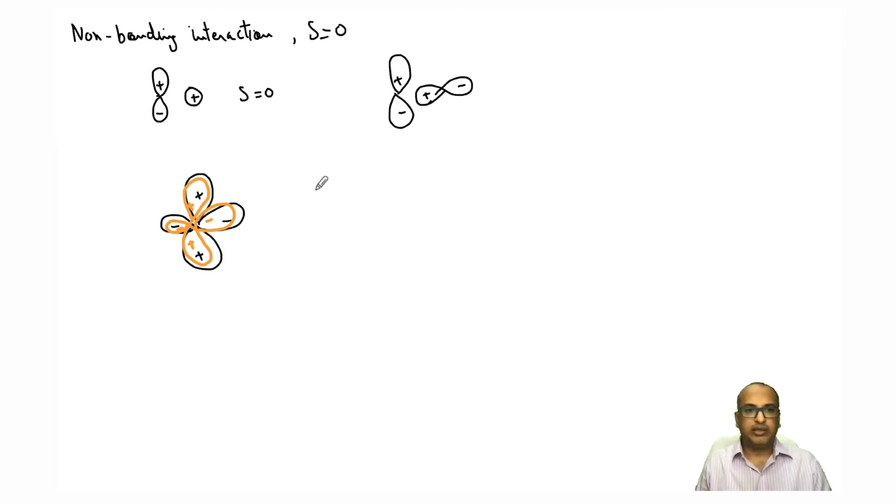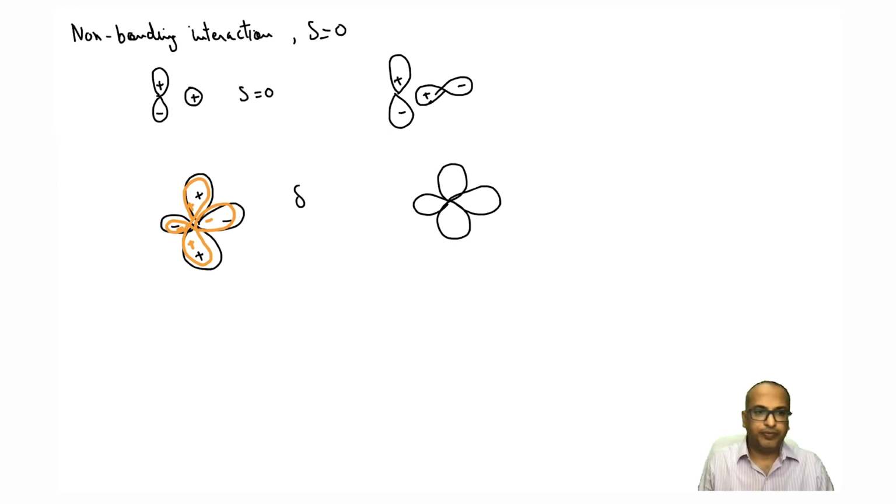Then this will be called as delta, and if you have opposite signs, negative, negative, positive, positive, and instead of positive here you will now have negative of black, positive of black, positive, and negative. So this will be called as delta star interaction. Okay, so these are typically seen in metal-metal bonding.